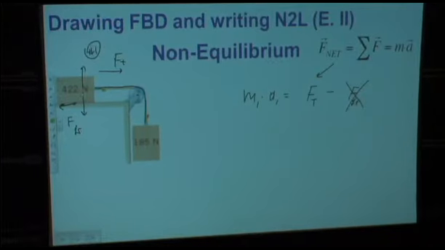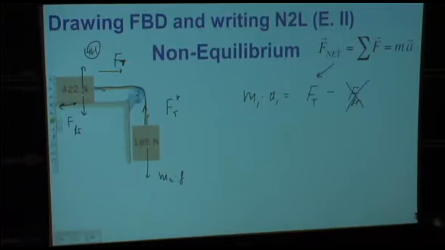Second Newton's law. So m2 times g, that's the force of gravity acting on the second object. And that's going to be the force of tension. Well, these are different forces. That force points to the right. This force points up.